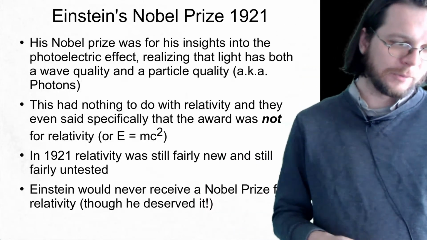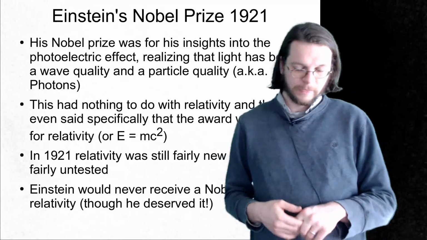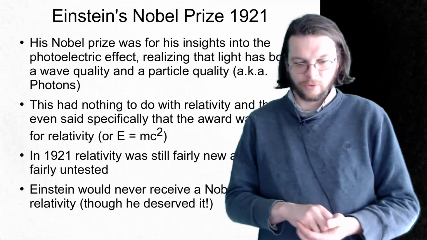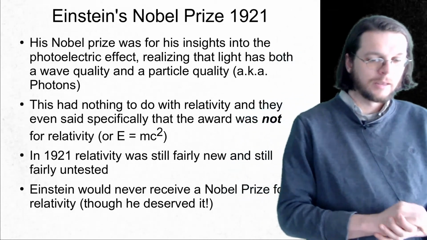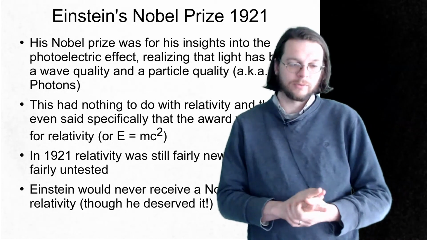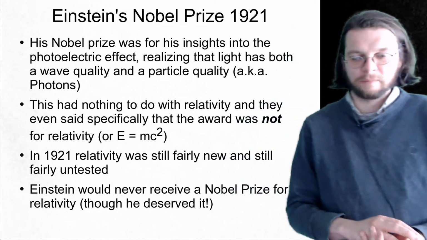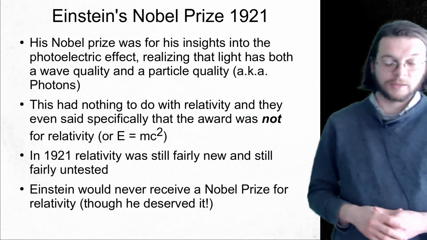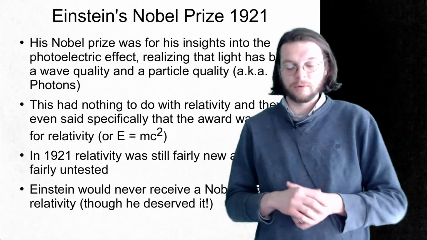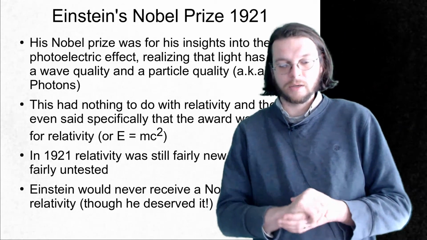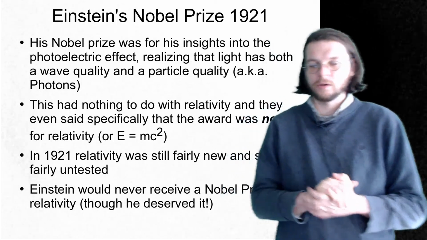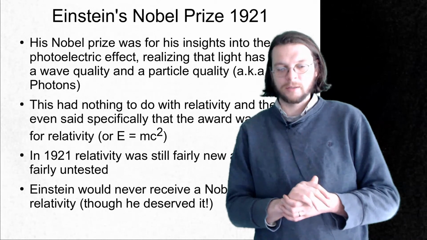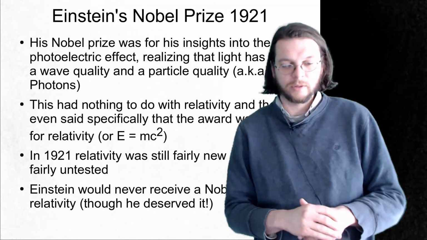When Einstein won the Nobel Prize in 1921, he won it for the photoelectric effect, and the note that they wrote to inform him said that you have won it for the photoelectric effect, but don't kid yourself that you've won it for relativity as well, because in 1921, Einstein's theory of relativity was still relatively untested. And so the Nobel Committee did not want to reward him for something that science had not yet fully verified.